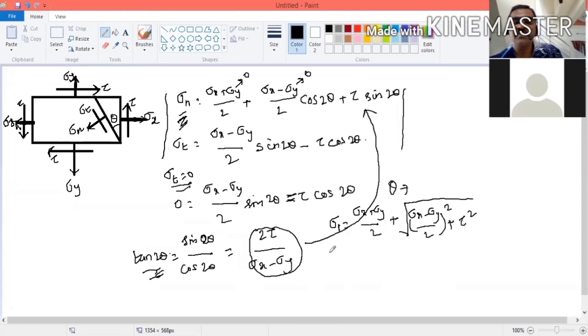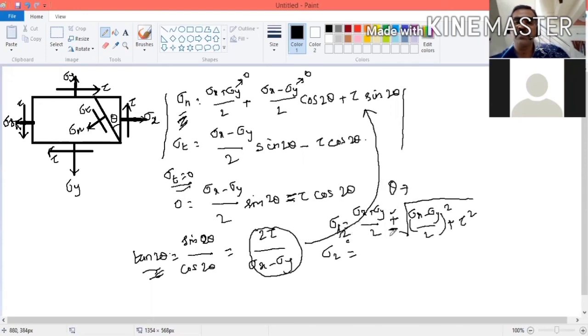That value is this value. Similarly, you can find the minimum value also. Sigma 2. For sigma 2, the same equation, instead of plus, you put minus. So sigma 1, 2 is equal to sigma x plus sigma y by 2 plus or minus root of sigma x minus sigma y by 2 the whole square plus tau square. This is the equation. If you want maximum, you put plus.